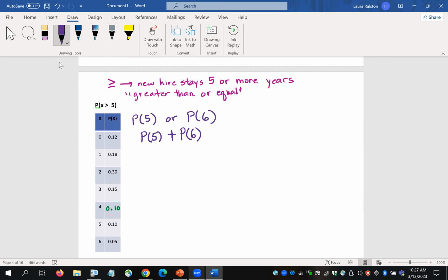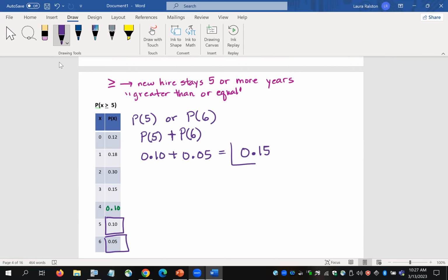We're just interpreting the symbols. So I would have 0.10 plus 0.05. I'm just reading those numbers directly off of this table. And I'm going to add them together. And I get 0.15.